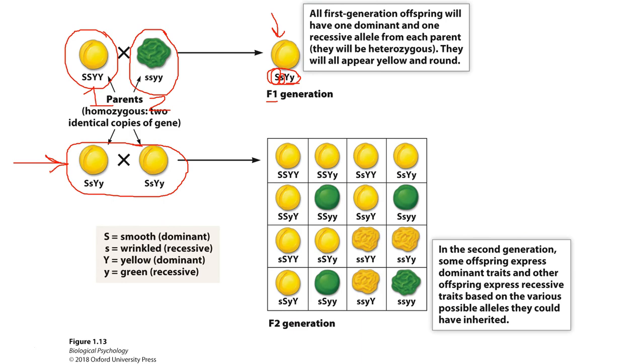Some of them have dominant traits, some of them have recessive traits. They're dominant for color but recessive for wrinkliness, as seen here. Some of them are dominant for smoothness but recessive for color, as seen here. So different combinations of alleles and genes result in different phenotypes, as shown here by this box. So this represents the 2nd generation, or the F2 generation.